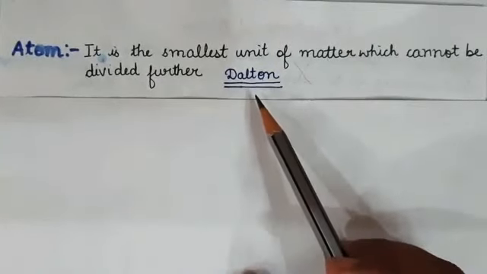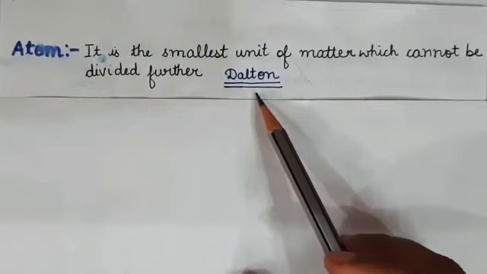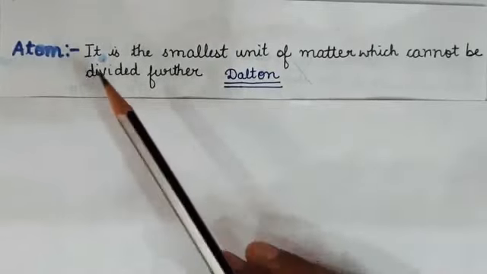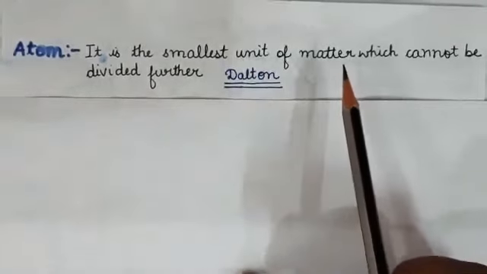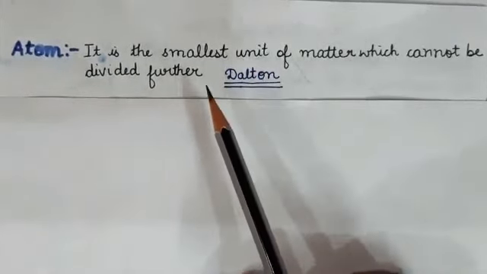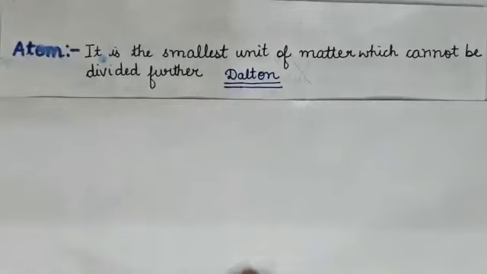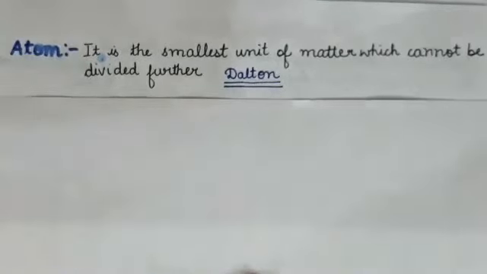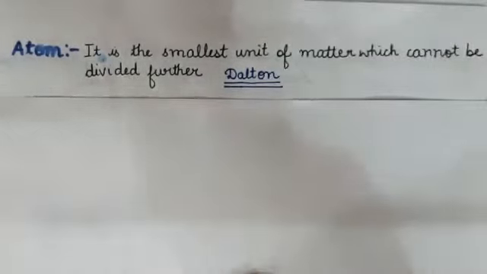You studied about Dalton's theory, in which Dalton said that atom is the smallest unit of matter which cannot be divided further. According to Dalton, atom is indestructible, it is indivisible.